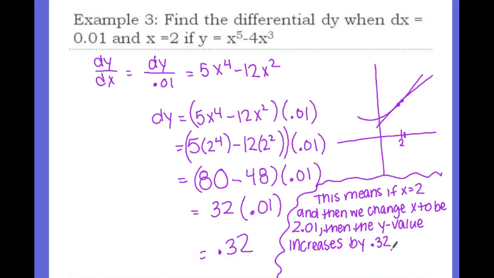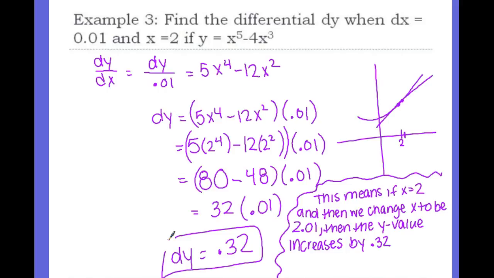Go back to what you told me about slope. It was change in y over change in x. So the y value changes because this is dy. This is dy, that's what we solved for. It means the y value changes by 0.32 when the x value changes by 0.01. dy/dx is our slope, our rise over run.